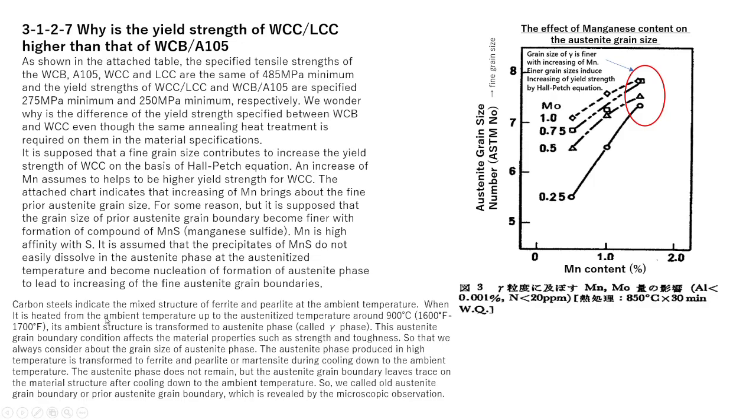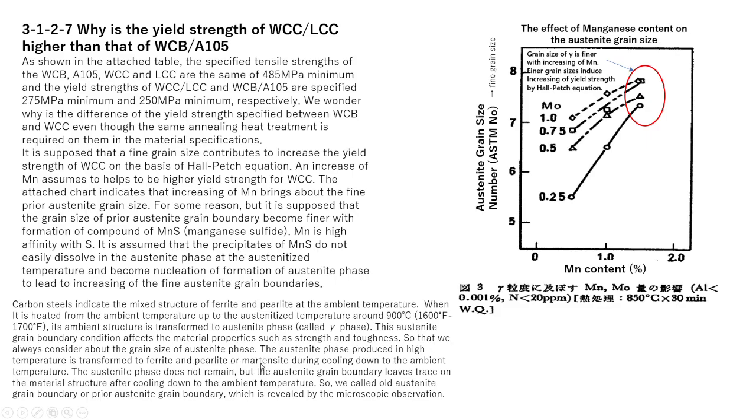When it is heated from the ambient temperature up to the austenitized temperature, around 900 degrees Celsius, 1600 degrees Fahrenheit to 1700 degrees Fahrenheit, its ambient structure is transformed to the austenite phase, which we call gamma phase. This austenite grain boundary condition affects the material properties such as strength and toughness, so we always consider the grain size of the austenite phase.